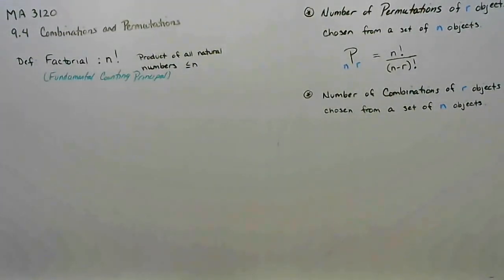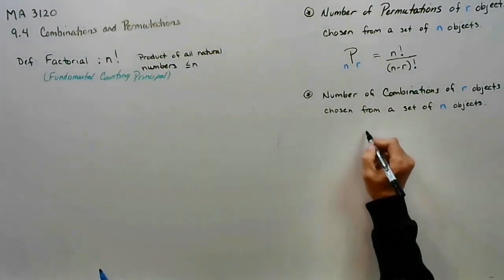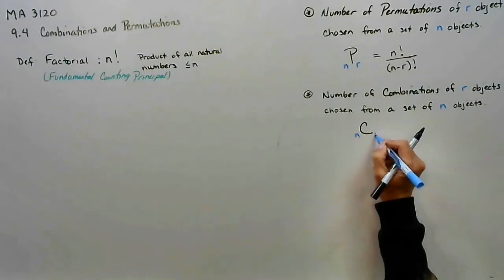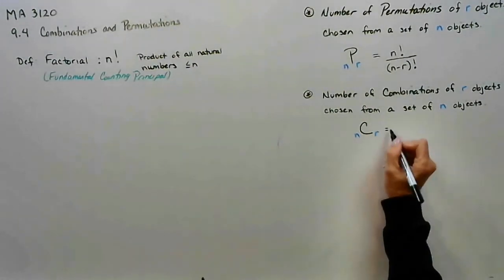So we're going to set it up the same way, only this time it's a combination. So we want the combination of n objects chosen r at a time.